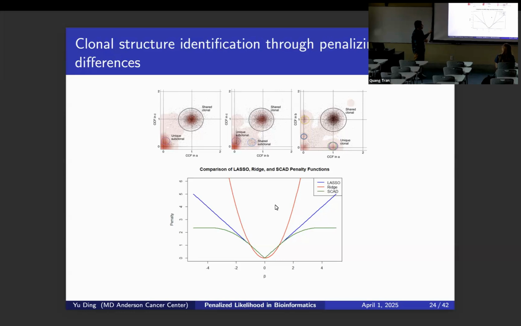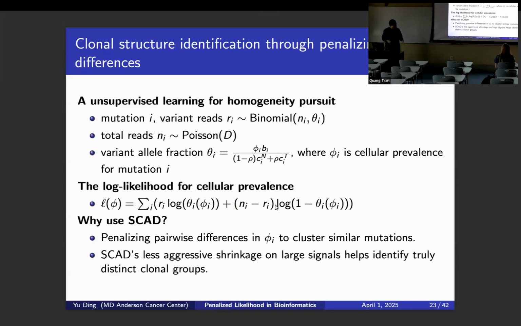So this is so-called locally. What does that word say? Okay, so SCAD's less aggressive shrinkage on large signals helps identify truly distinct clonal groups. It is the effect coming from SCAD being performed only locally instead of globally, as in ridge regression and lasso regression.